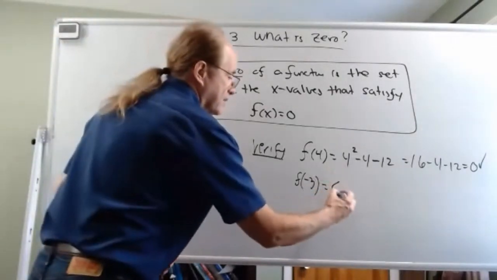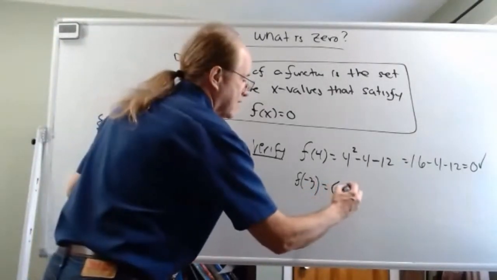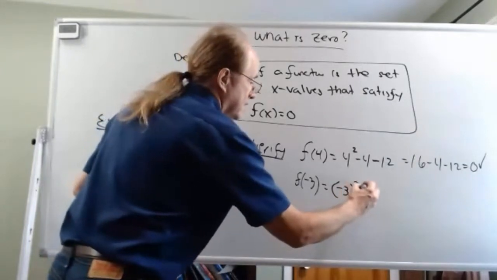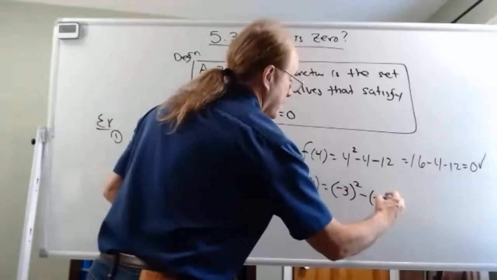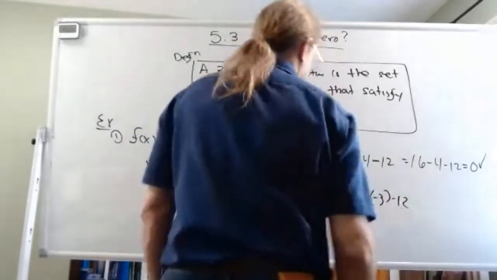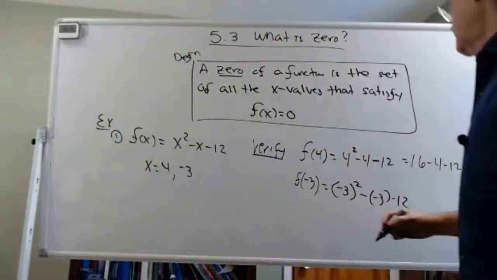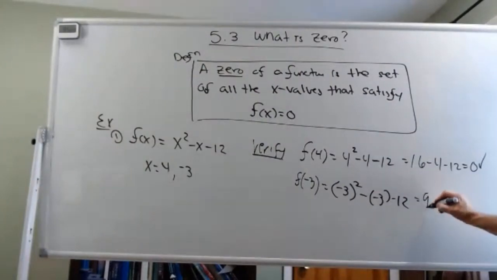You have to use parentheses, especially if you do it on a calculator, because the calculator will give you the wrong answer. Okay. A negative 3 squared is a positive 9. Subtracting a negative 3 becomes plus 3. Subtracting 12, 9 plus 3 is 12, minus 12 is 0.